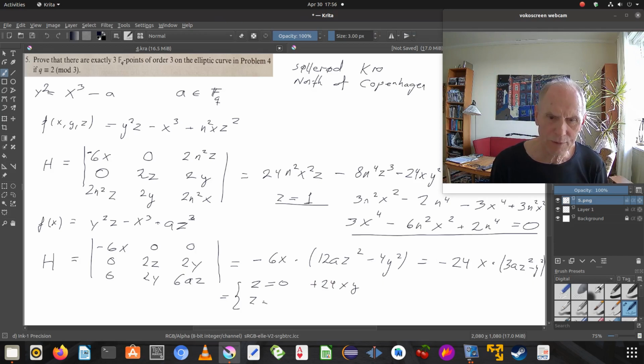And if we may set z equal to unity, then it's 24x times, we have 3a, and minus y squared, that's minus x to the third plus a.